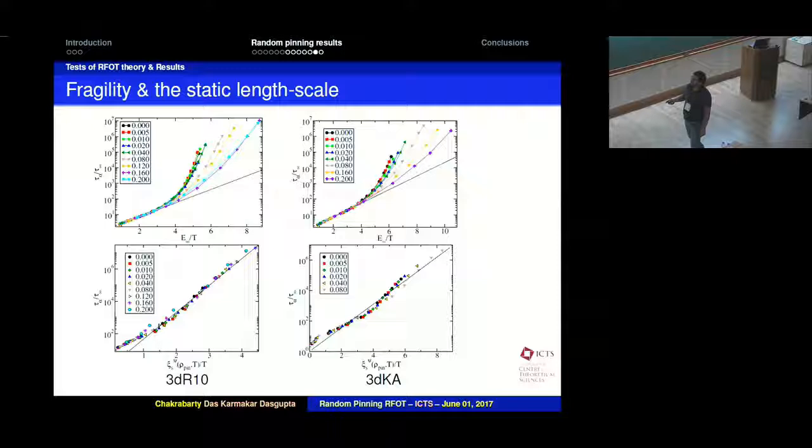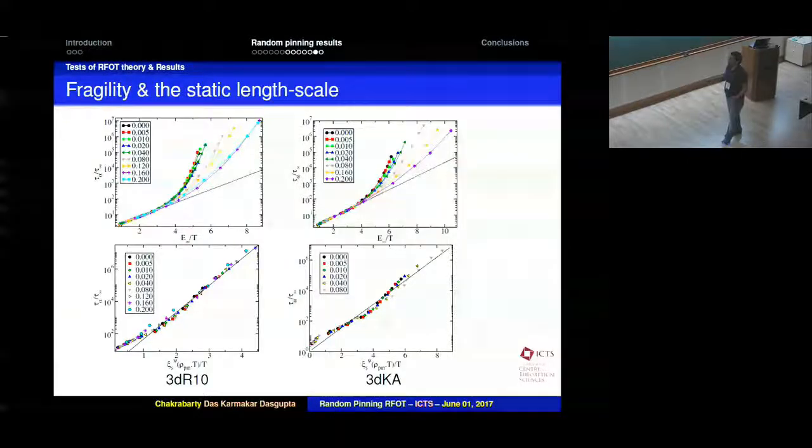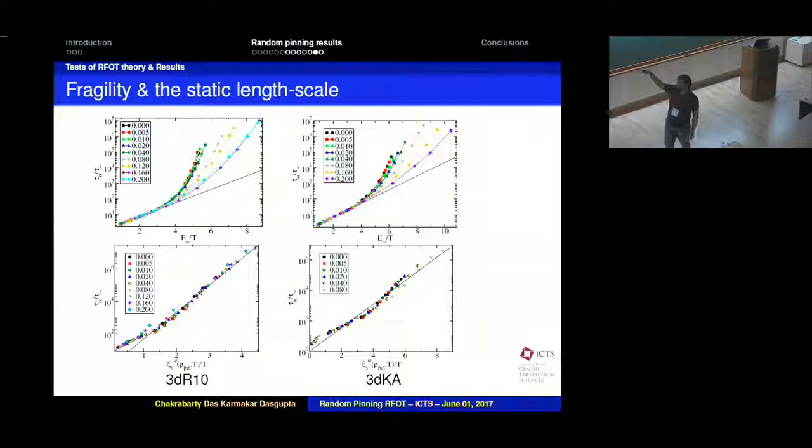What we do is assume that the form tau_alpha equal to some e to the power of xi_s to the power psi over T is true in the presence of pinning, and from that we extract the static length scale in the presence of pinning. Let me mention that this is a way to display the variation in fragility.